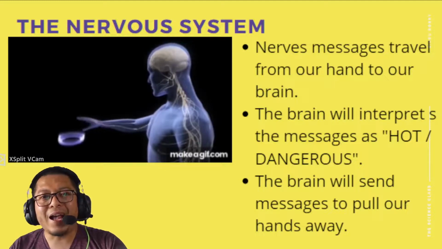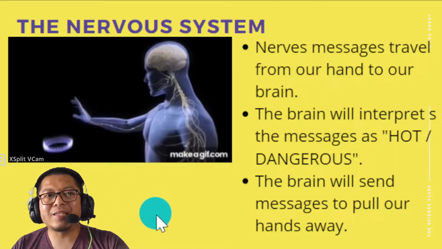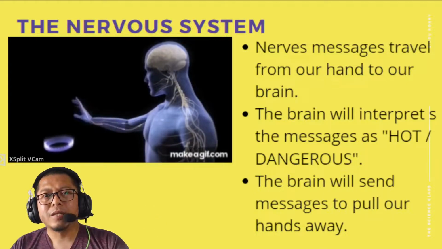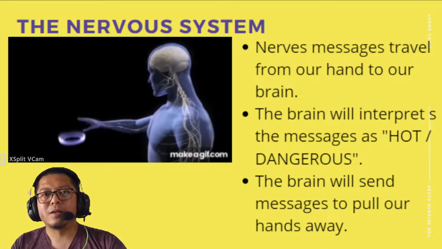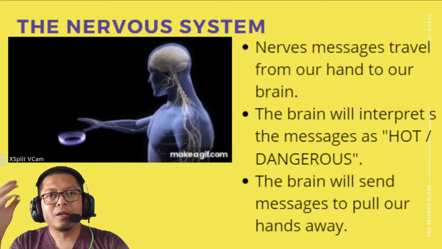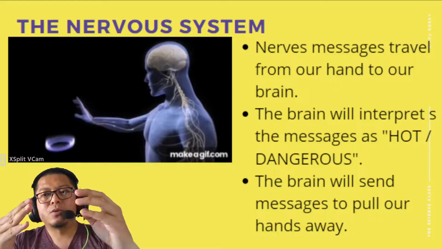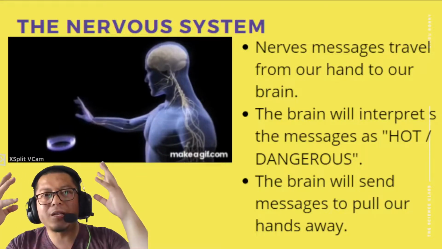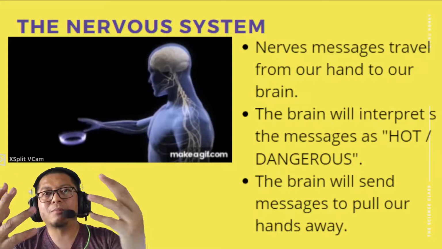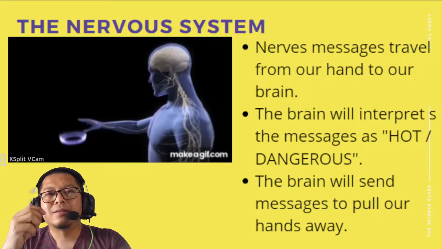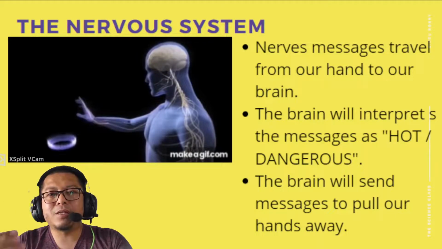So basically that's how the nervous system functions. It sends messages. If you watch something, it sends messages from your eyes and your brain translates. If you touch something, it sends messages from your hands to the brain, and it translates and sends back to your hands. If you taste something, it will translate the taste. It will send a message when you eat something.